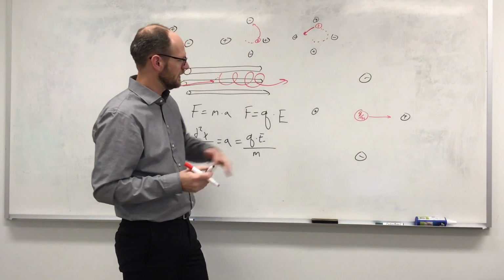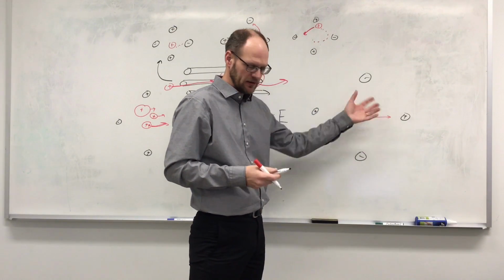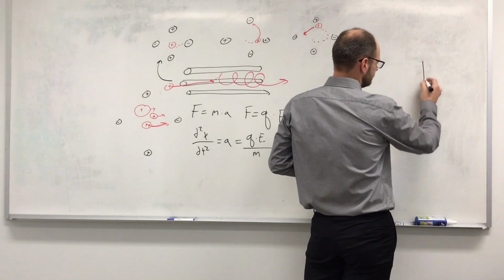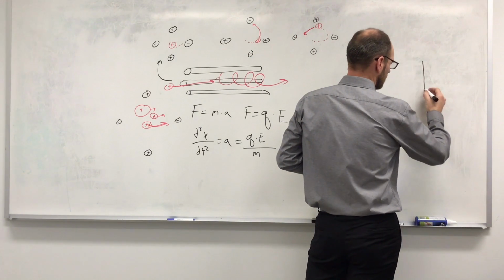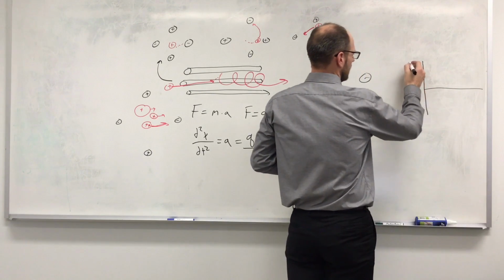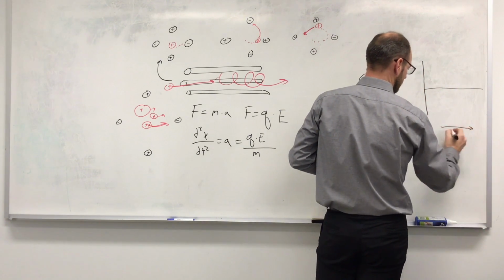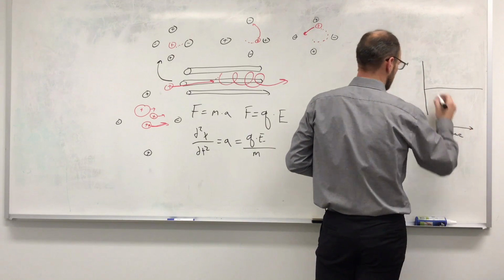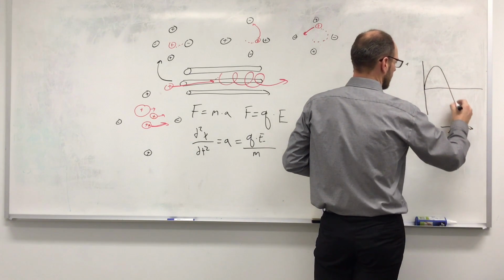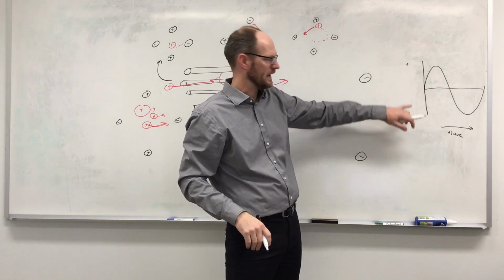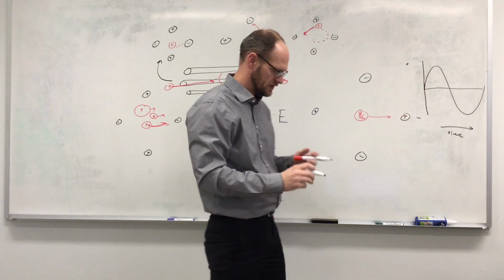But as I said before, these things flip in polarity back and forth from negative to positive. So if you were to look at the polarity on this rod over time, this being time here, you see the polarity does this. It alternates, oscillates back and forth between negative and positive charges.